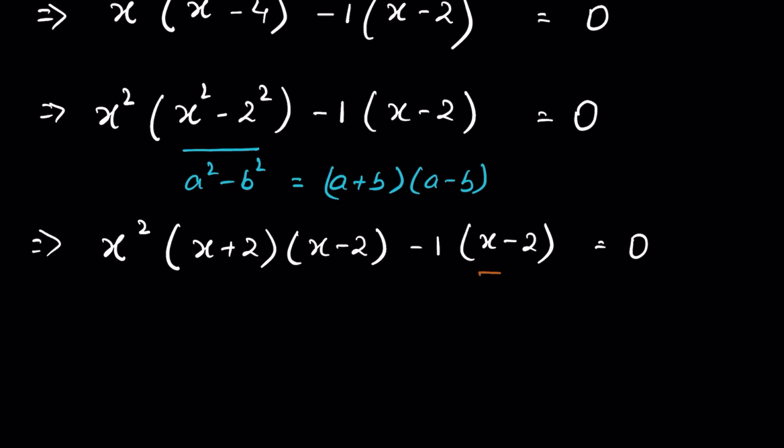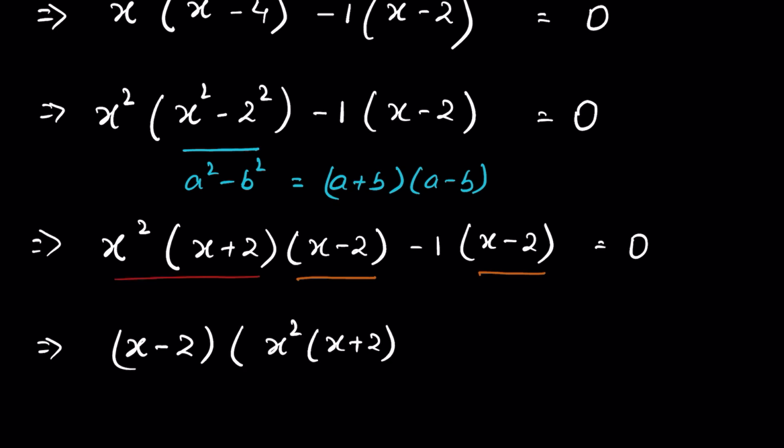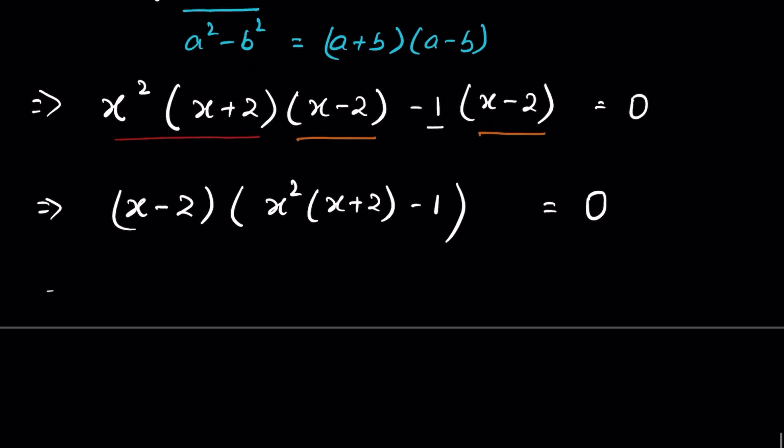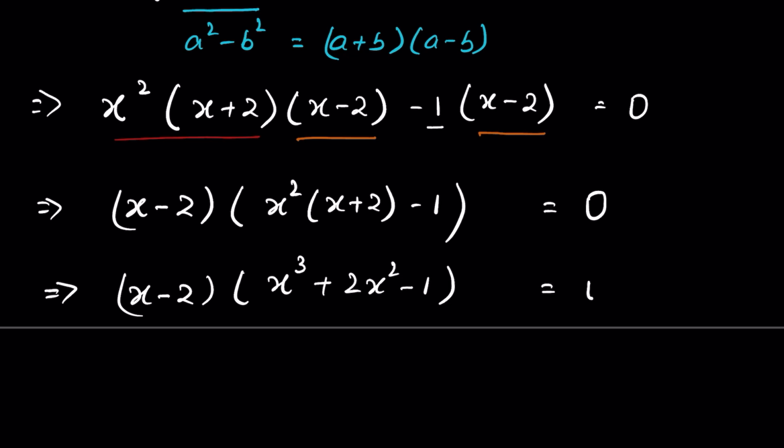Now (x − 2) is the common factor, so we can write (x − 2) common, and then the remaining factors are x² times (x + 2) − 1 equals 0, or (x − 2)(x³ + 2x² − 1) equals 0.